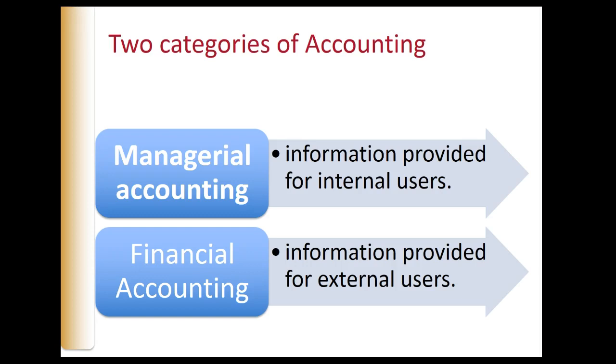For example, do we produce more of type A product or type B product? Which of these products gives us a better return? Do we need to purchase or manufacture various aspects of the product? These are all managerial accounting decisions.